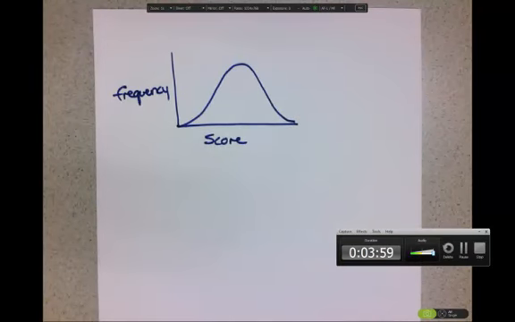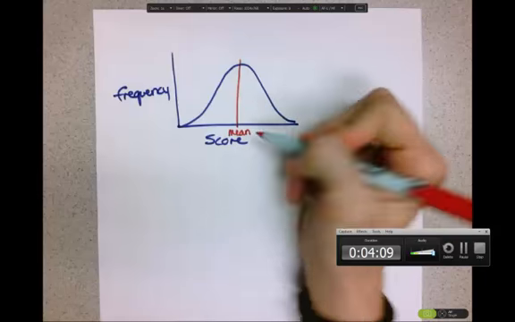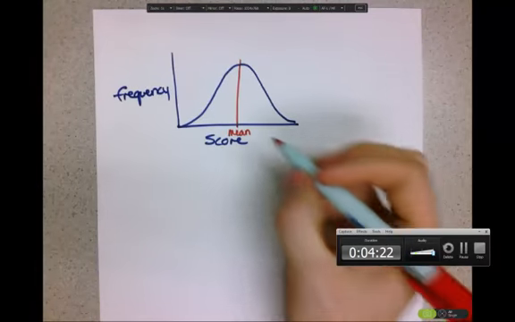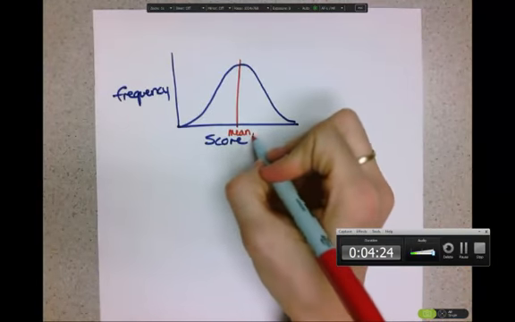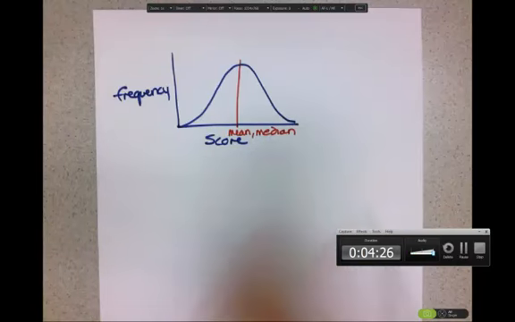And when we're looking at data like this, the mean, because it's a symmetrical distribution, is going to end up in the middle. That's going to be our mean value. But also the median is the middle value, right? So 50% of the data will be greater than that value, 50% of the data will be less than that value. And so this point here in the middle will represent both the mean and the median when we have symmetrical data.